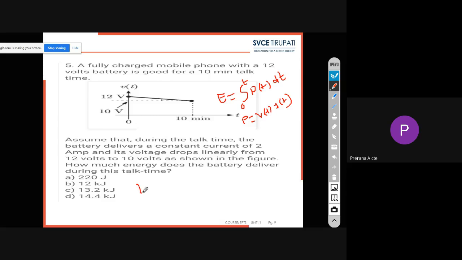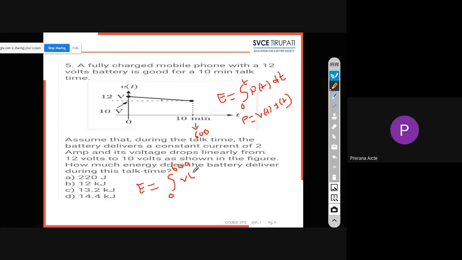We can get energy E equal to integral 0 to... They given time in minutes. Just convert into seconds. So 10 minutes means how many seconds? 10 into 60 seconds. We can get 600 seconds.